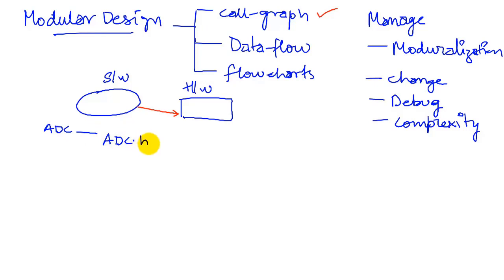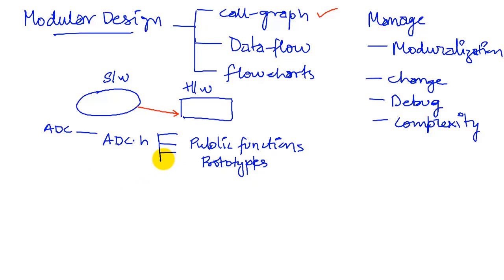And what's in the H file? The H file lists the public functions as prototypes. So these are the functions that another module could call. That is correct. So this is what the module exposes to the outside world.